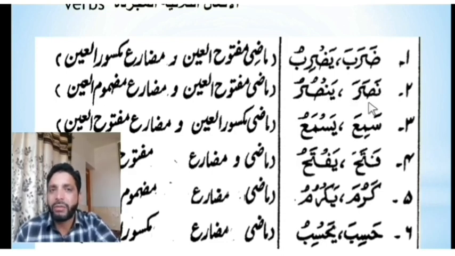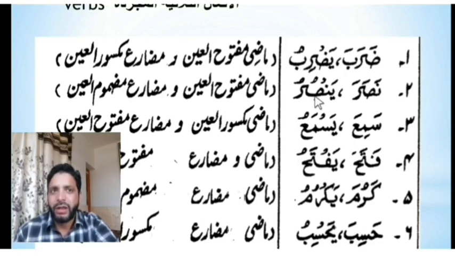Mazi maftuhul ain wa muzari mazmul ain. Mazi here is maftuhul ain, because sad is in place of ain, so we say ain kalima is here sad, and the sad is maftuh, similar to the first balance where ra was maftuh. So we say mazi is maftuhul ain, that we find fatha on ain kalima.